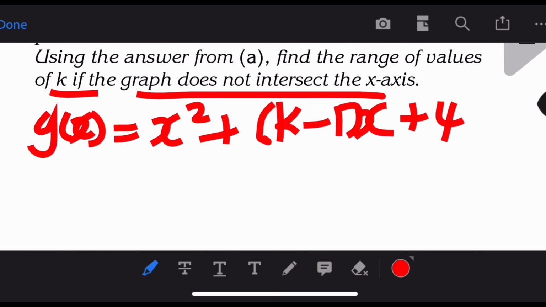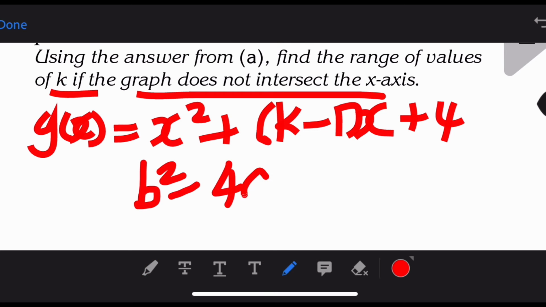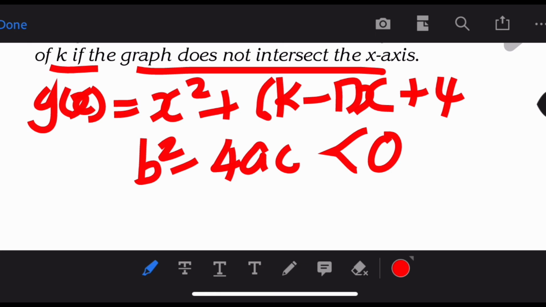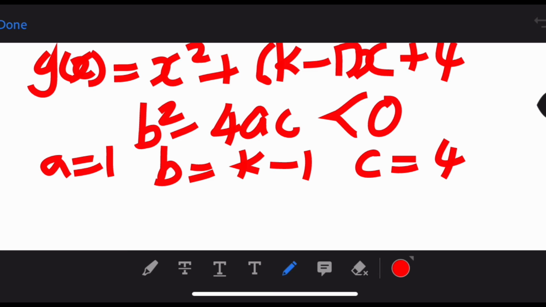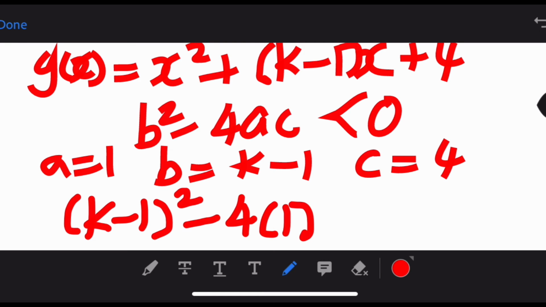We are going to find the range of values of k, so we have to use b squared minus 4ac less than 0. Why? Because it does not intersect, meaning it does not have roots. So a is 1, b is k minus 1, c is 4, right? So we substitute carefully: (k minus 1) squared minus 4 times 1 times 4 less than 0.